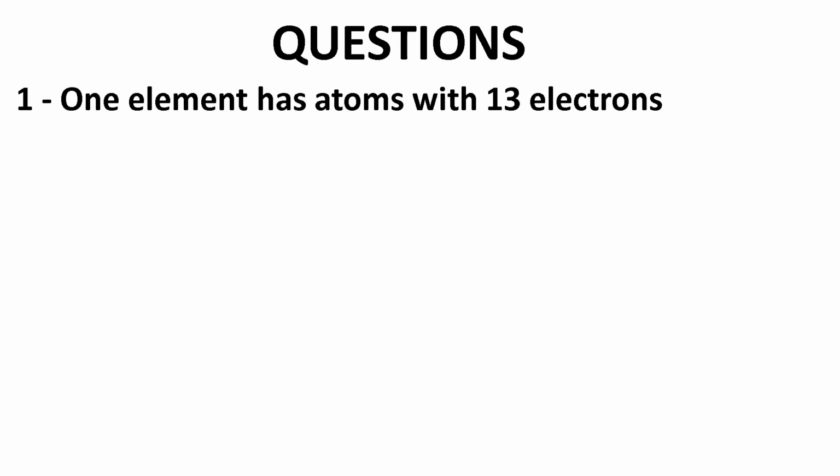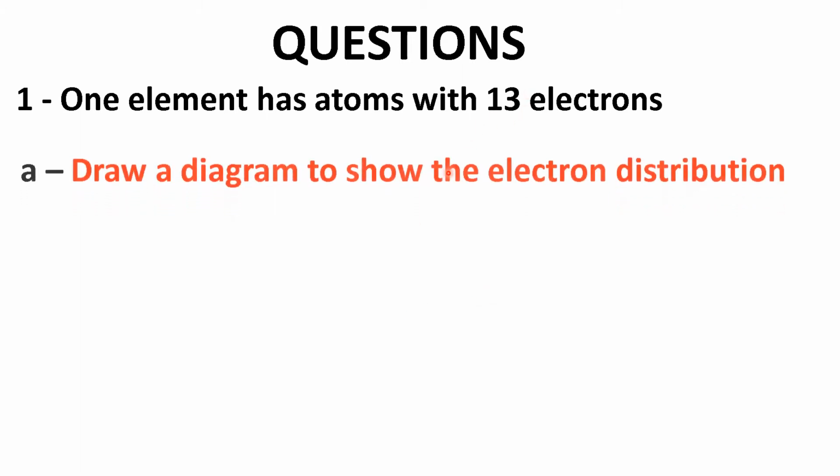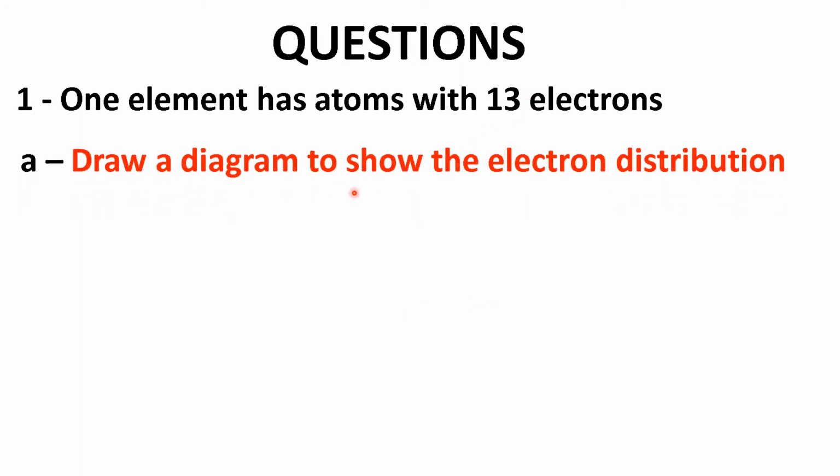Some questions. Number 1. One element has atoms with 13 electrons. A. Draw a diagram to show the electron distribution. We draw the first shell and fill it with 2 electrons according to the rule, and then we draw the second shell and fill it with 8 electrons.